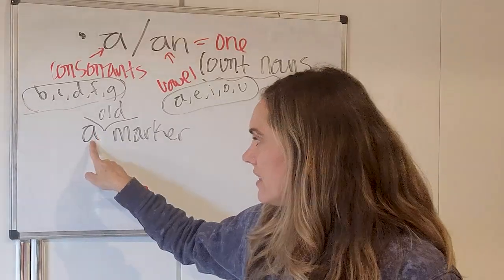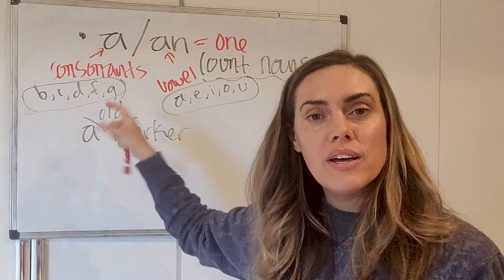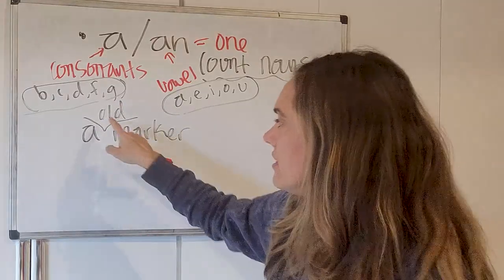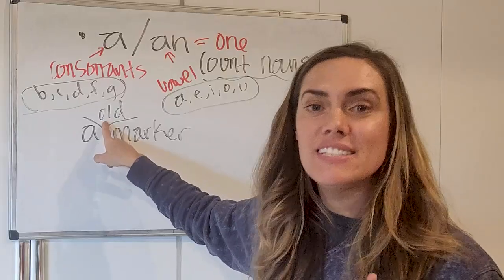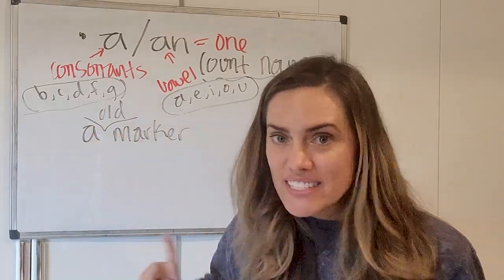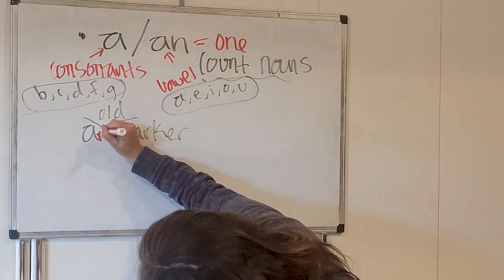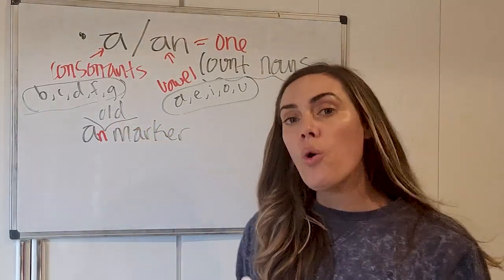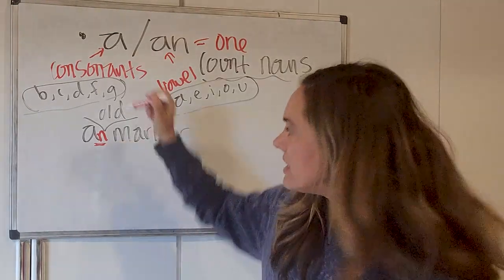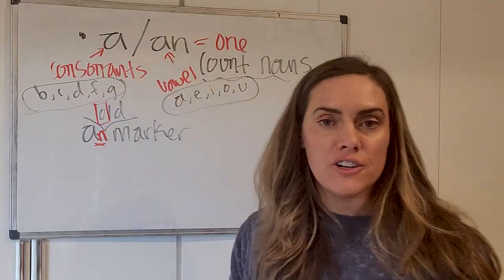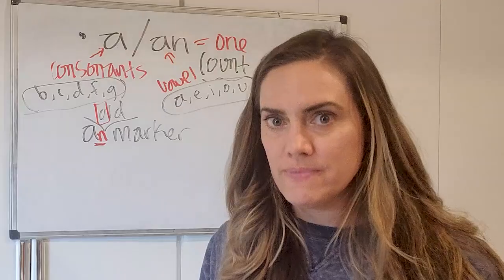Now, this article has to match this word's first letter sound. So now it's not a marker, it's an old marker. Why? Why do we need an? Because the first letter sound is a vowel sound, okay?